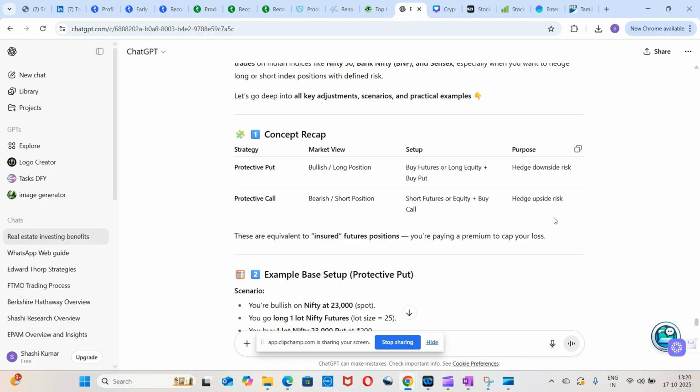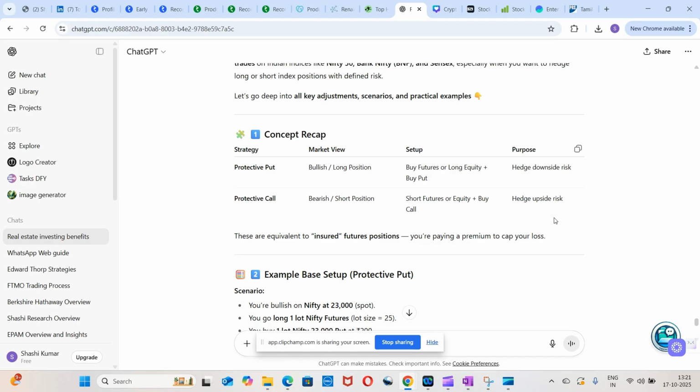Protective call is the opposite of it. So when your market view is bearish or you have a short position. Okay, that short position you can only have in futures, not in equity unless you are doing it intraday. But yeah, this short position is for futures. So when you're shorting futures of an equity, and your view is bearish, but you want to protect yourself or hedge yourself against the upside risk, you buy a call.